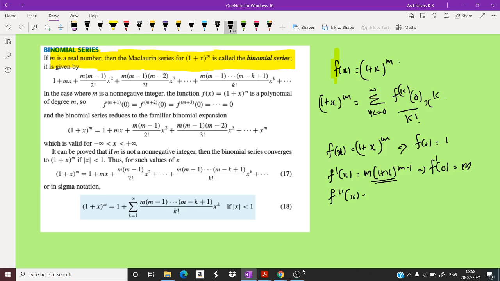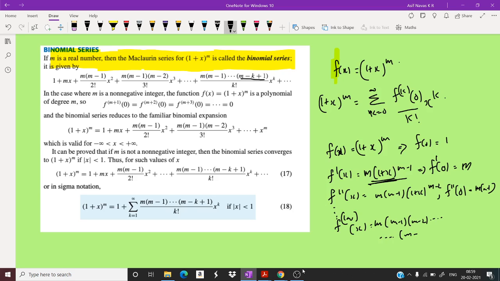So f double dash of x is equal to again derivative of this, m into (m minus 1) into (x plus 1) all raised to m minus 2. So f double dash of 0 is equal to m into (m minus 1). So if I continue like this, f kth derivative of x is equal to m into (m minus 1) into (m minus 2) into etc., into (m minus k plus 1), into (x plus 1) raised to m minus k.